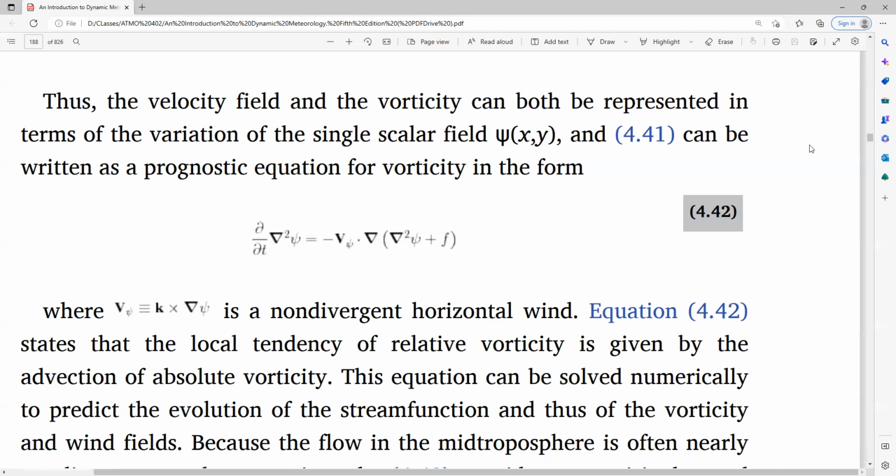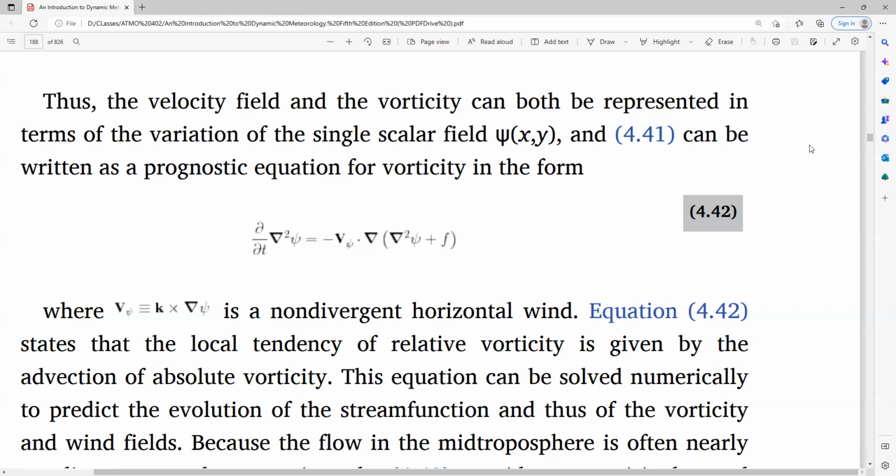So non-divergence, no vertical motion, purely horizontal. And you can write this as one equation with one variable. Mathematically, you have one equation with one variable, and this is the tendency equation.